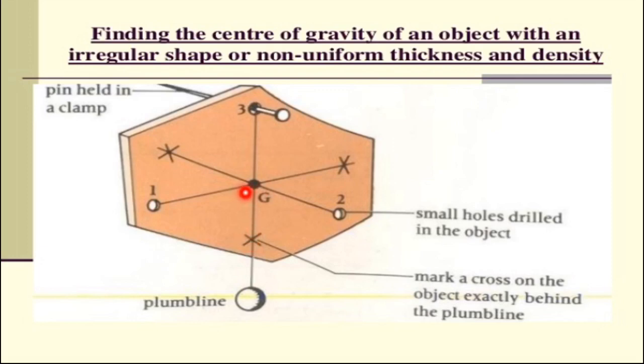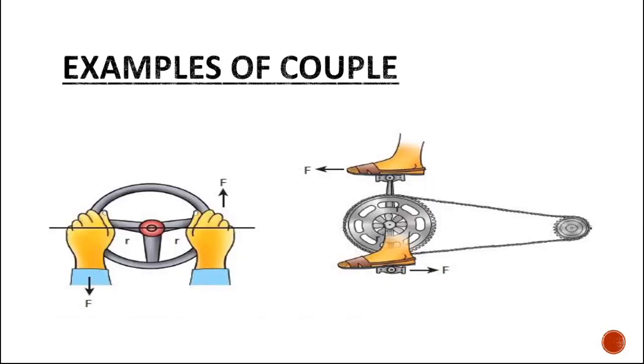The point where the 3 lines intersect is the center of gravity of the cardboard or that irregular object. So we can also find out the center of gravity of symmetrical objects as well as irregular shaped objects.